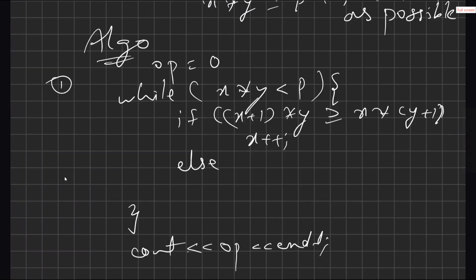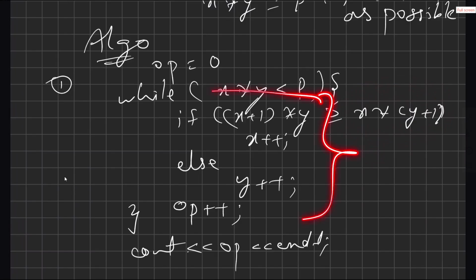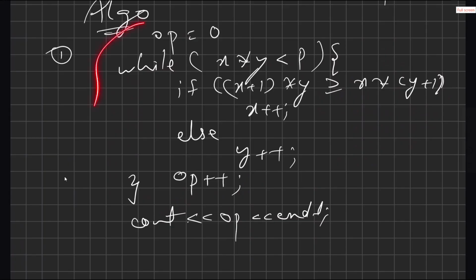Else, the product x into y plus 1 is greater, so we lean towards the y side and increase y. And don't forget to increase the operation count, since you're increasing either x or y, so definitely one operation is done. This is just the algorithm, and it's a greedy approach.